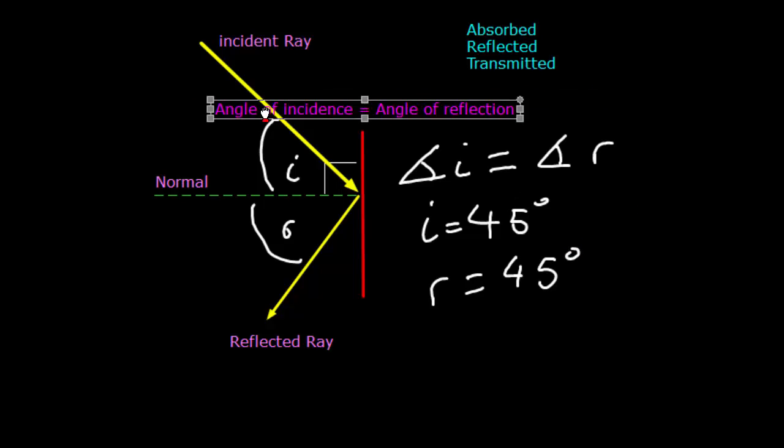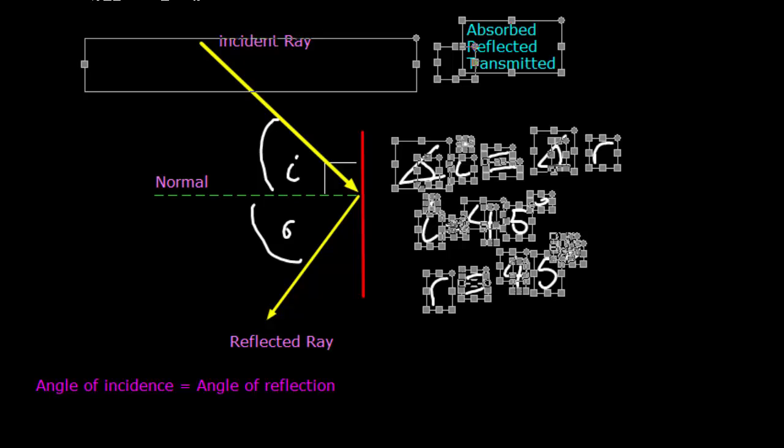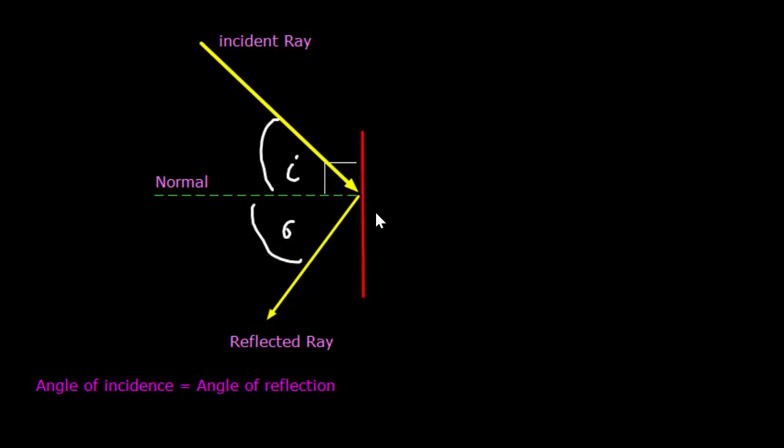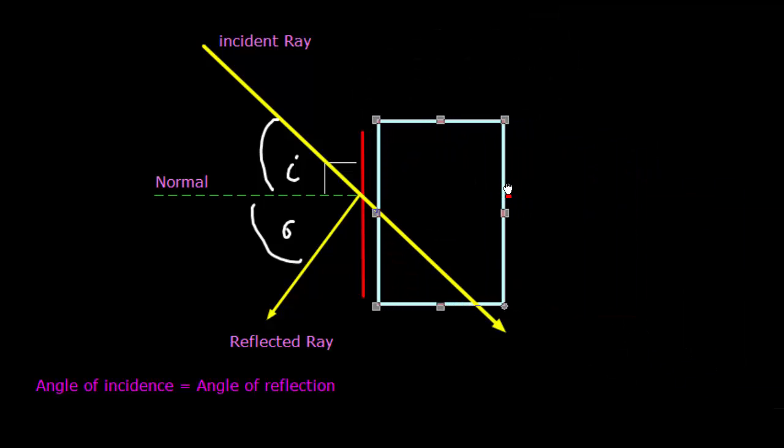And that's reflection. But what happens when our surface is transparent, which means that the light can travel through? So if we got our light here and we continued it going so that it travelled through, what would happen if we put a different medium in front of it, something that was transparent, like glass or perspex?